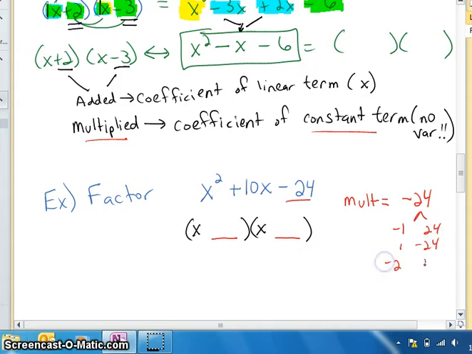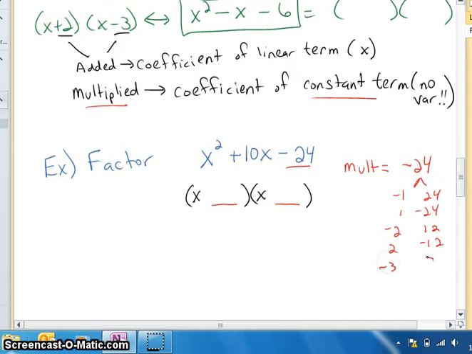Maybe it's negative 2, positive 12, or positive 2, negative 12. Maybe it's negative 3, positive 8, or positive 3, negative 8. Or maybe it's negative 4, positive 6, or positive 4, negative 6.